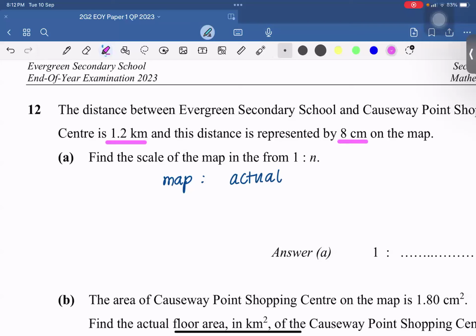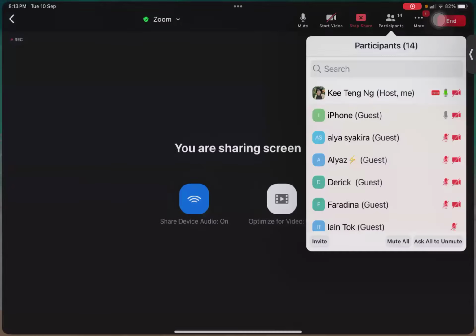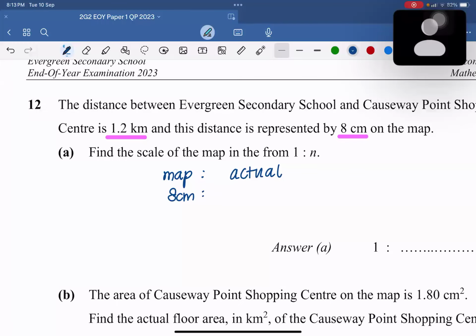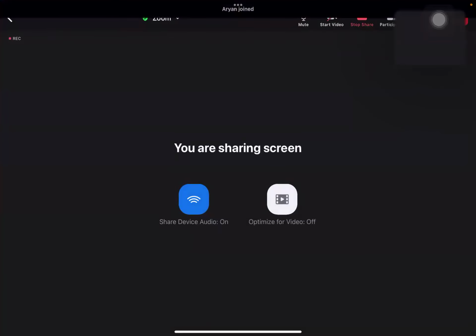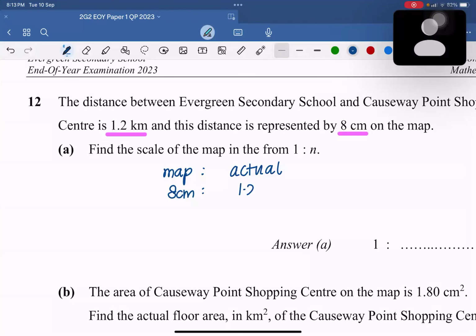Which is the one on the map? 8 cm, thank you very much. 8 cm is on the map, and the 1.2 kilometers will be the actual.